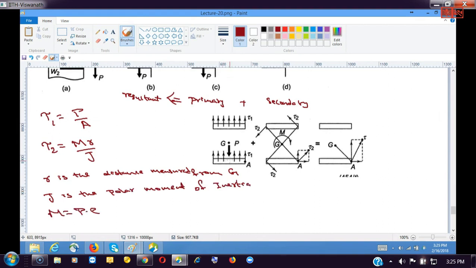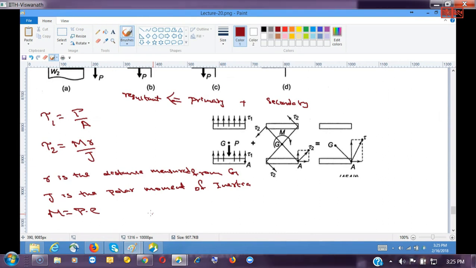Further, when you are actually solving it, we don't really solve for all r. We are only interested in the critical sections. So where will tau 2 be highest? Tau 2 will be highest when r is highest. So instead of r, we'll take r max into consideration.